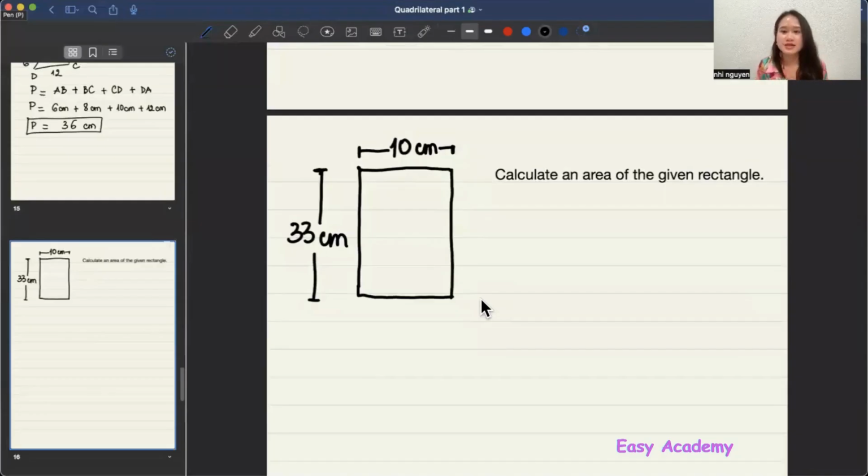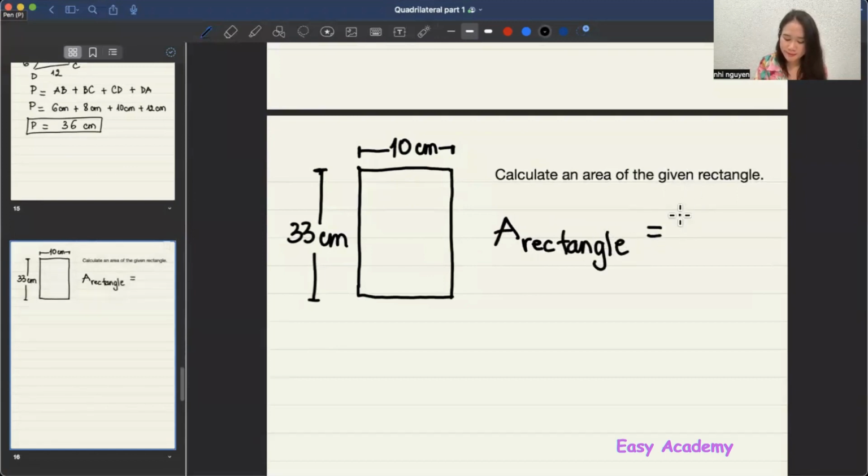So let's look at this example. The quadrilateral in this example is a rectangle. In order to calculate the area of a rectangle, the area is equal to length times width.